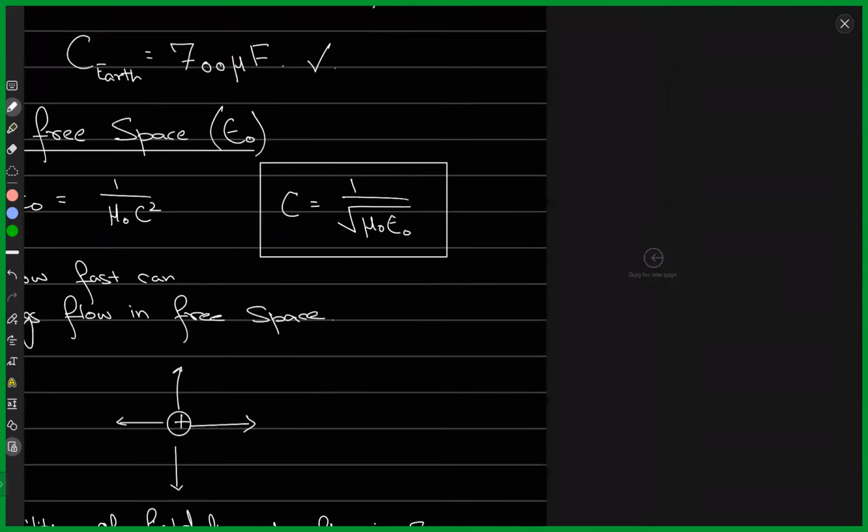Okay, now because we are familiar with the equation Q equals CV, the equation for capacitance, we can move towards the arrangement of capacitors. We'll first talk about capacitors arranged in parallel in a circuit.